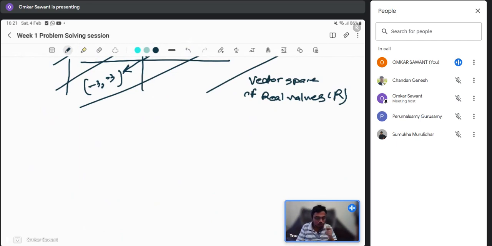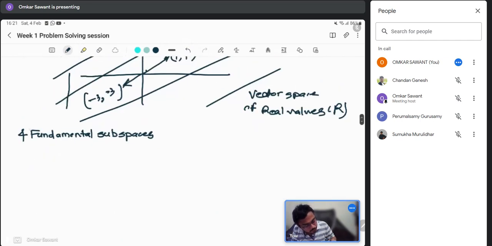Okay, before going to that, what are the four fundamental subspaces? You must have learned this in the first week, right? Anyone?